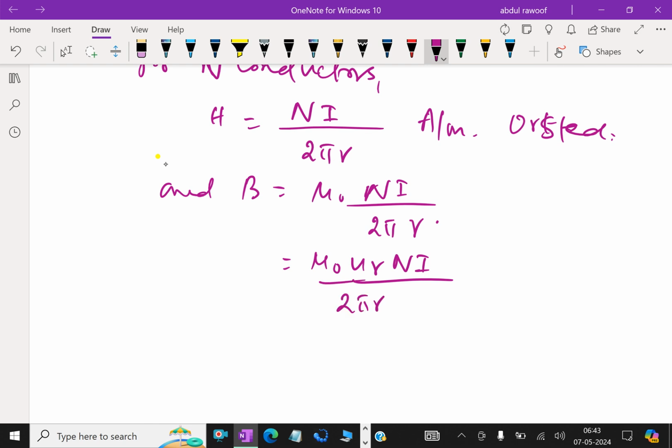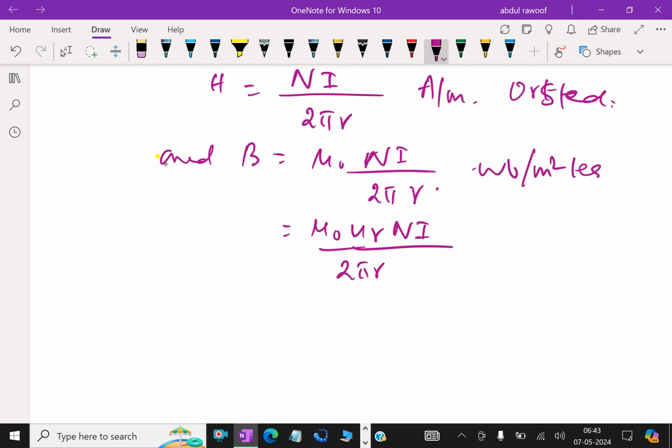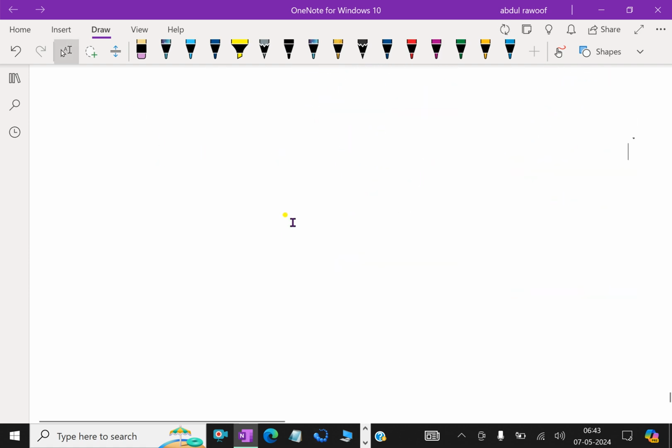This first form is for air, in Weber per meter square, or Tesla, and the same thing applies in a medium. These are the expressions for the current.